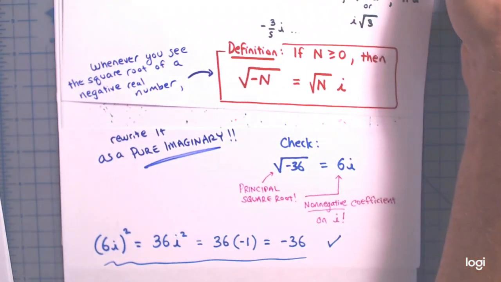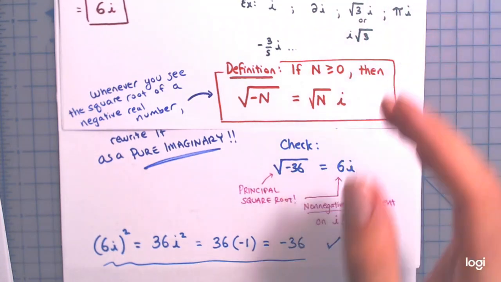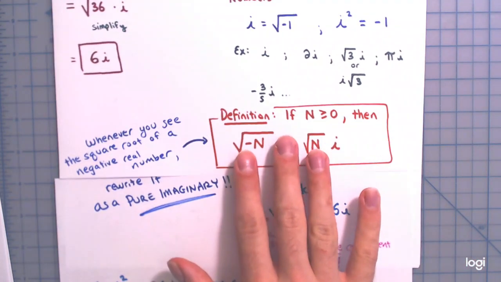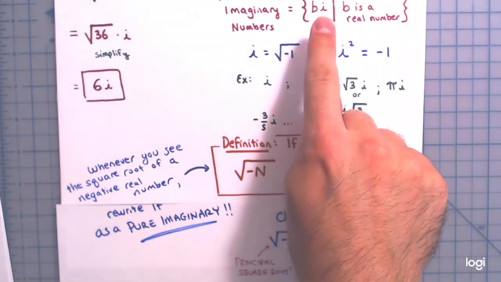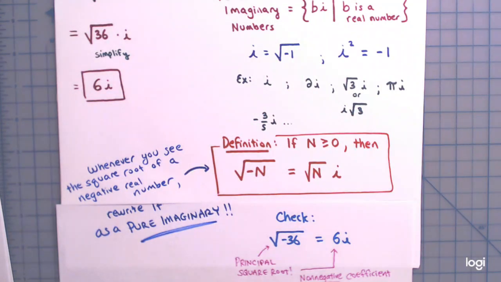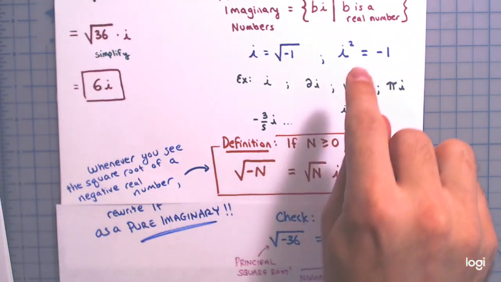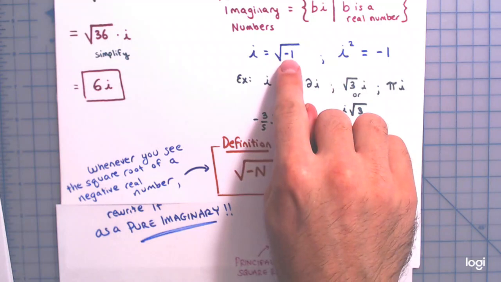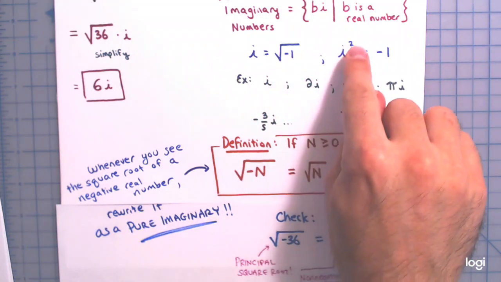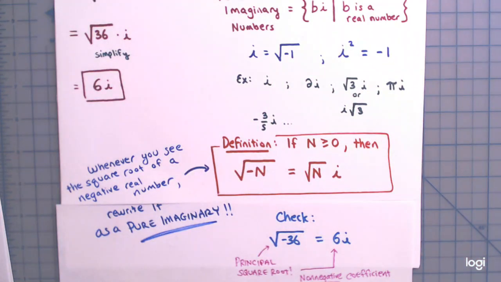All right. I think the most important things to take away from these pages: one is what a pure imaginary number is, right? Any real number times i, and what i is. This i represents the principal square root of negative 1, meaning that i squared will be negative 1.